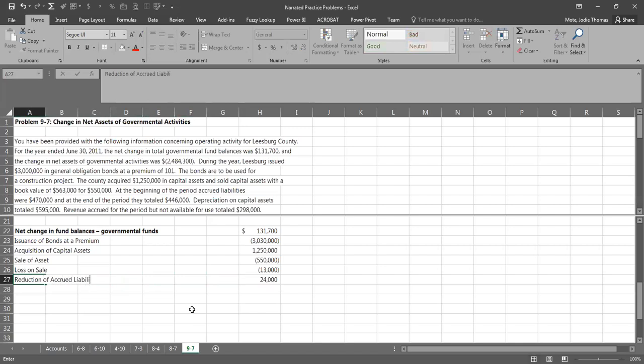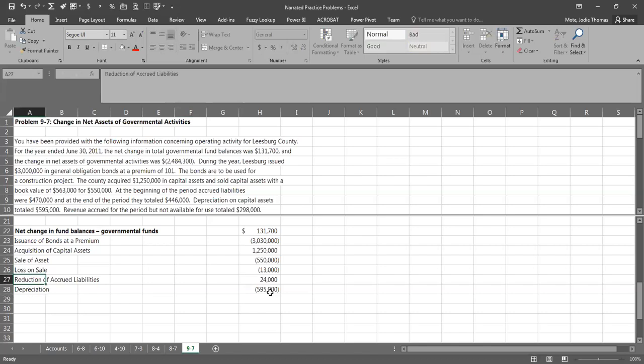Accrued liabilities. All right. Now, a couple other things the problem gives you. Depreciation on capital assets is not recorded on the governmental fund side, but is recorded on this side, so you've got to add that in.